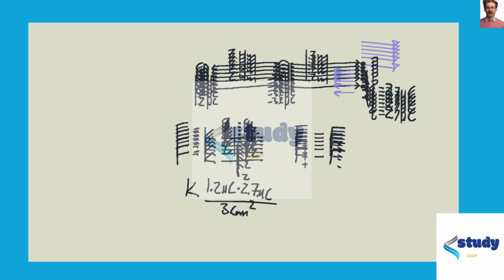That's the force from the positive charge, and then we'll be subtracting the force from the negative charge because it's in the negative direction to the left, and that'll be 3.2 microcoulombs times 2.7 microcoulombs over the distance between them, which is simply 1.2 meters, as shown in the diagram, squared.